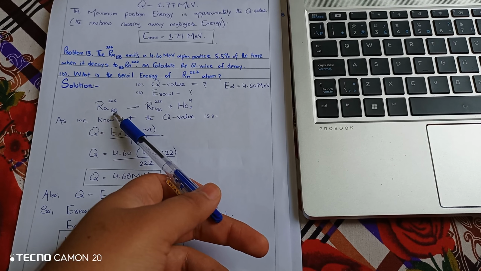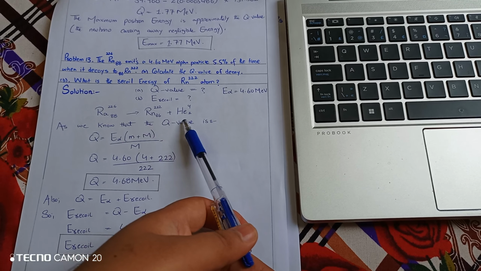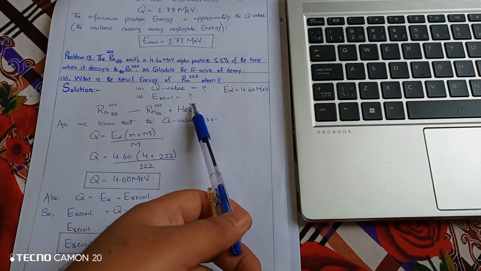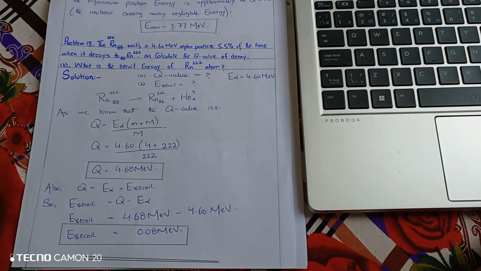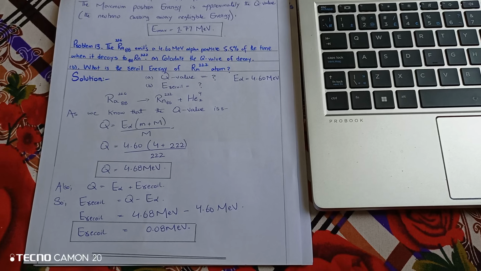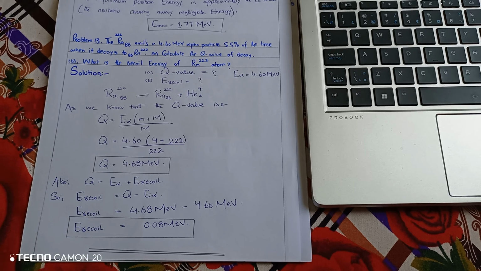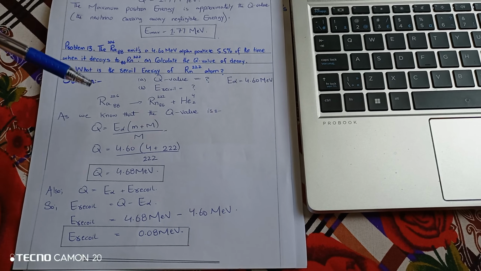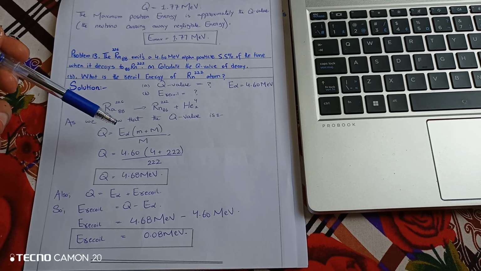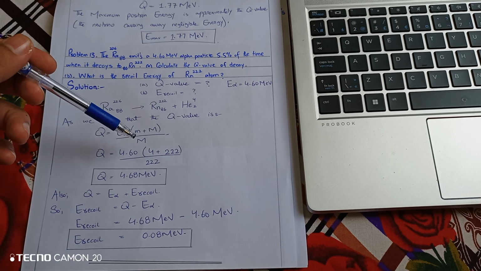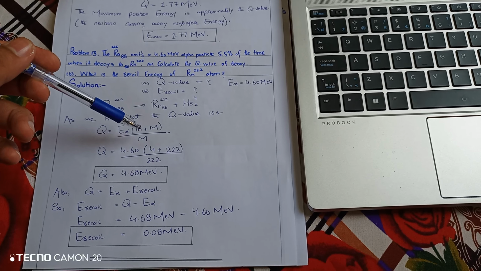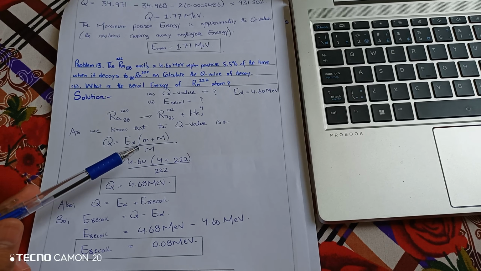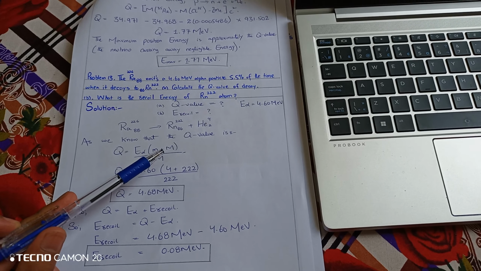You know that radium decays into radon plus emission of an alpha particle. So this is the equation for this problem, because you have to find the Q value. You know the Q value formula: Q is equal to E alpha times (m plus M) divided by capital M, where small m is the mass of the alpha particle, whereas capital M is the mass of the residual.